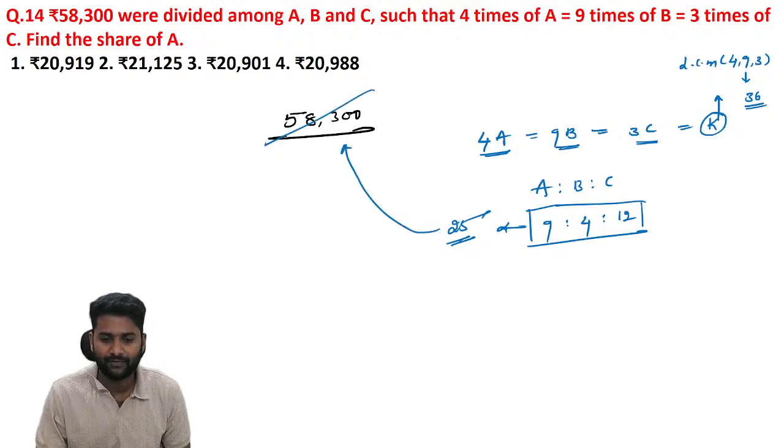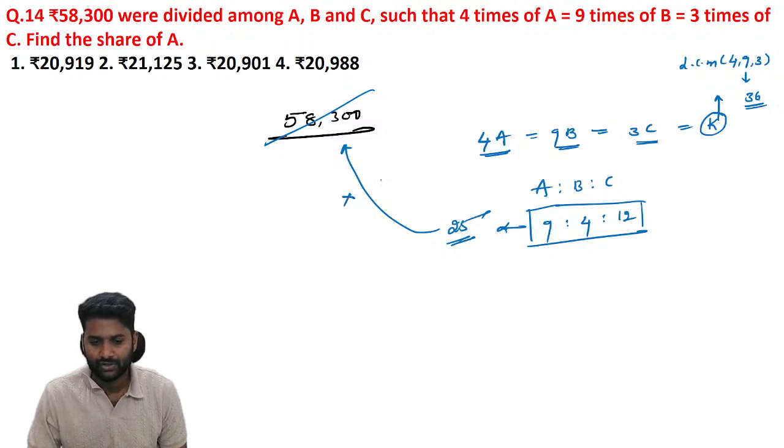So 58,300 is divided by 25. How many times do they have to multiply? So 25 into 2 is 50. Again 83 is left. And 25 multiplied with 3 times is 75, right? So the difference is 130.